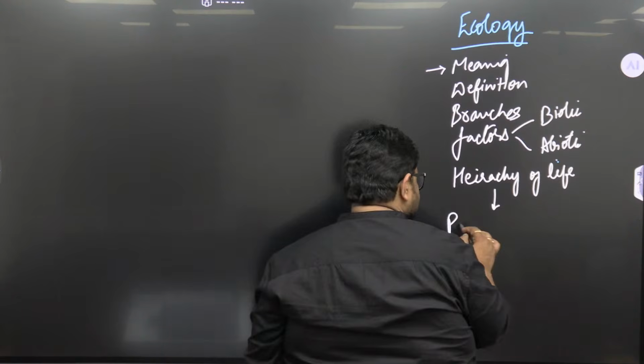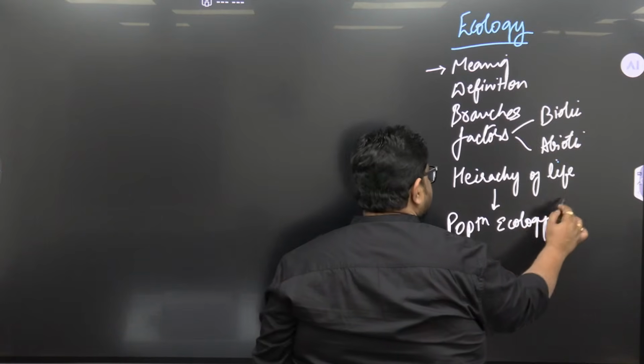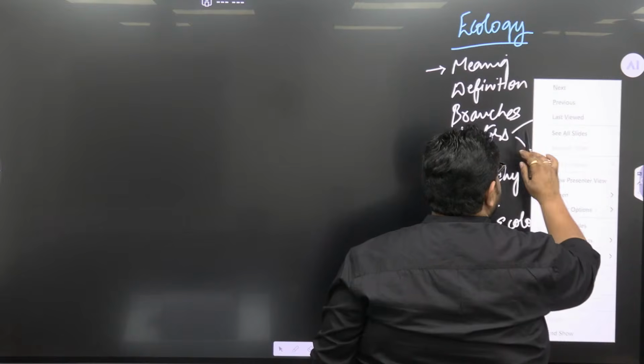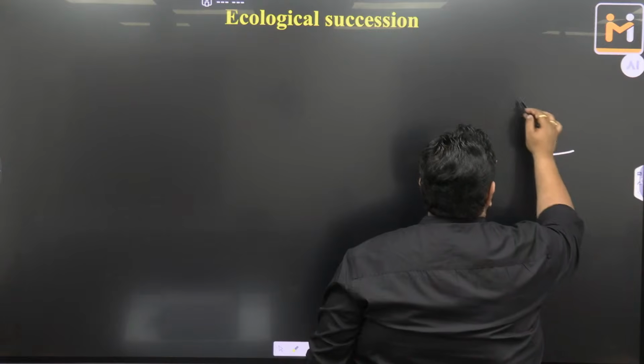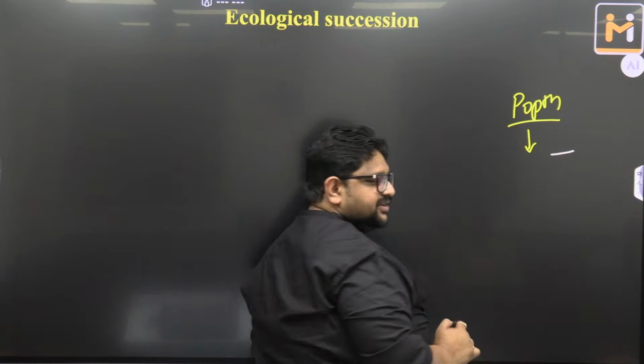Population ecology. So within population ecology, what are the things we saw? What is the first thing we saw?